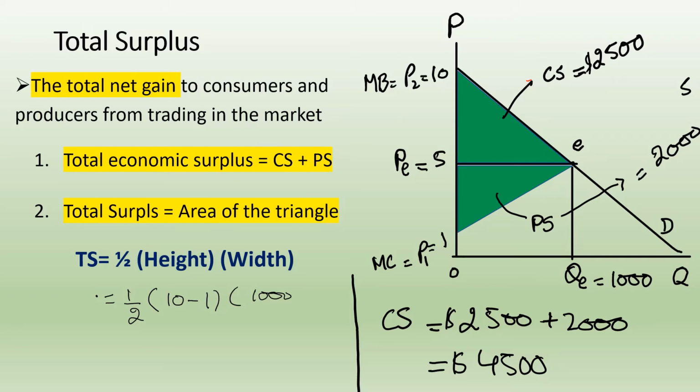Now it will give us 9000 over 2, and so the total surplus in this economy, or the net gain to the consumers and producers, is equal to $4,500, which you have already calculated with the first method, where you just sum up the consumer and the producer surplus.